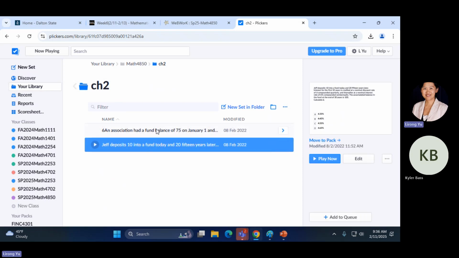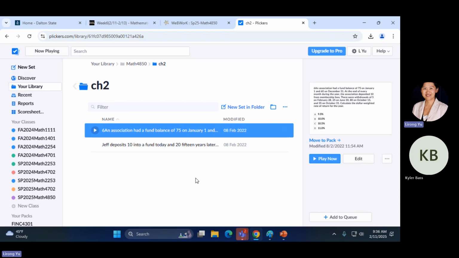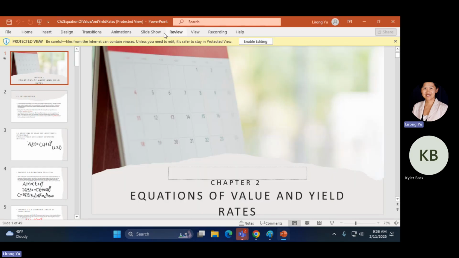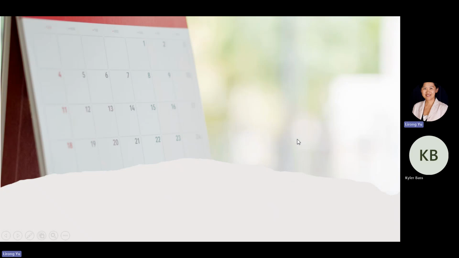That's the question we did last time. This is calculate dollar weighted average rate of return. All right, we should really finish chapter 2 and we can use that question for this.